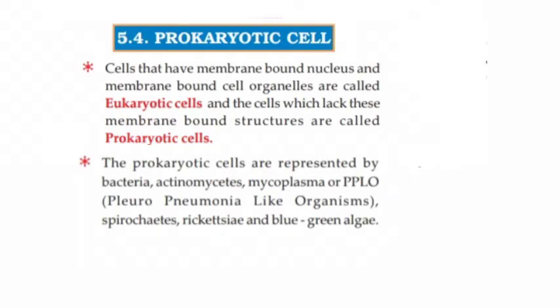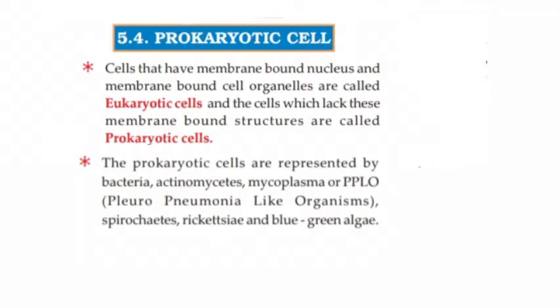Prokaryotic cells. The cells that have a membrane-bound nucleus and membrane-bound cell organelles are called eukaryotic cells. And the cells which lack these membrane-bound structures are called prokaryotic cells. The prokaryotic cells are represented by bacteria, actinomycetes, mycoplasma or PPLO, Pleuro Pneumonia Like Organisms, spirochaetes, rickettsiae, and blue-green algae or cyanobacteria.